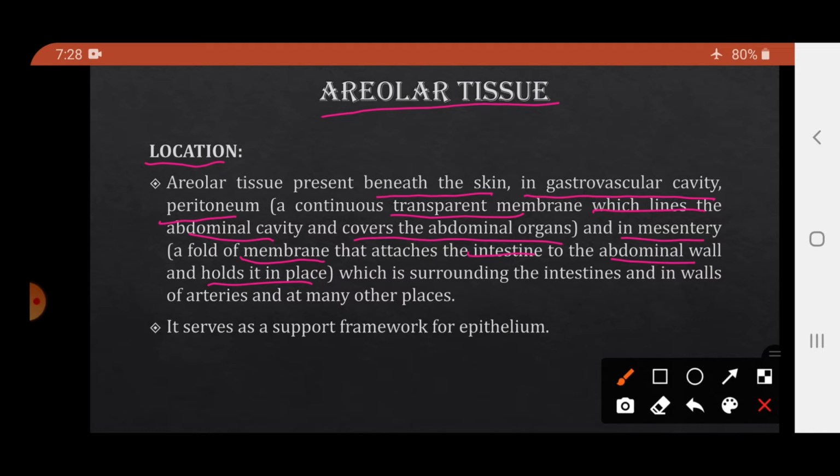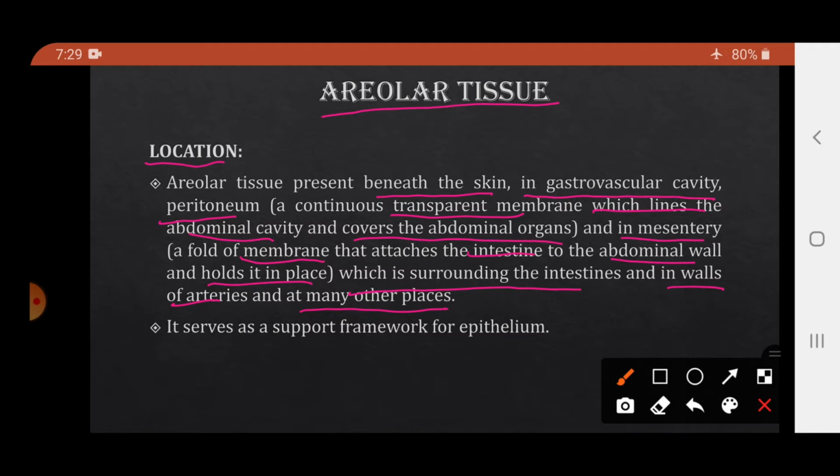So it is found in the mesenteries which is surrounding the intestine and in the walls of the arteries and at many other places. So these are some of the locations where the areolar tissue is present: beneath the skin, in the gastrovascular cavity, in the peritoneum and in the mesentery, which is found surrounding the intestine as well as in the walls of the arteries.